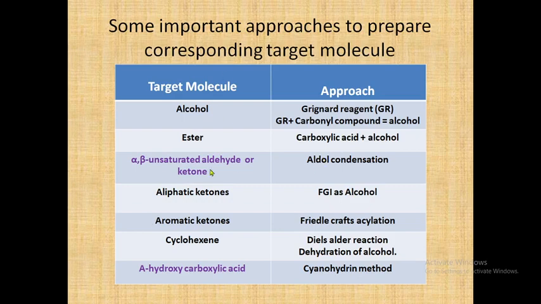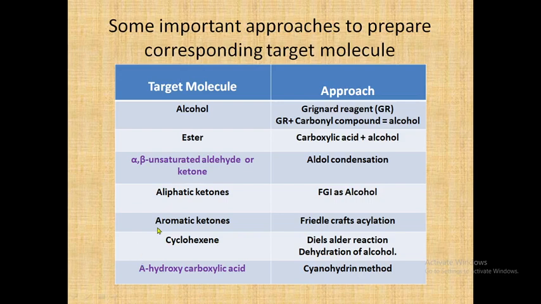If you have to prepare an aliphatic ketone, then you can do an FGI to an alcohol, and we know how we can prepare that alcohol by the Grignard reagent approach. If you have to prepare aromatic ketones, you can go by the Friedel-Crafts acylation reaction, a very good approach for preparing aromatic ketones.